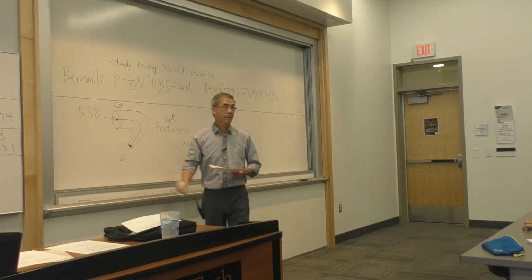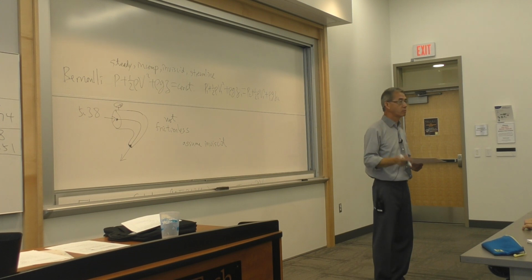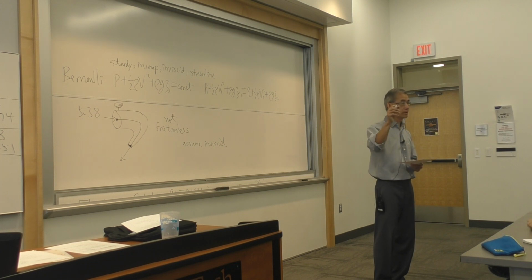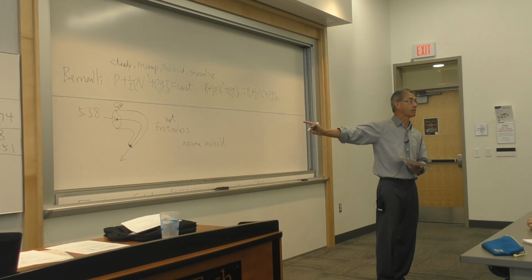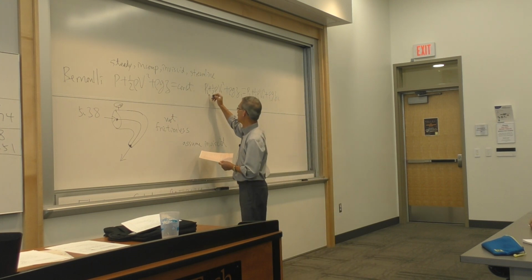The velocity can be linked by what equation? V1 and V2 can be coupled by what equation? Say it louder. Continuity. You know how to spell continuity? Make sure you spell it right, then you calculate it. Yes, V1 and V2 can be coupled by continuity, and now with this, I can solve for P1G.